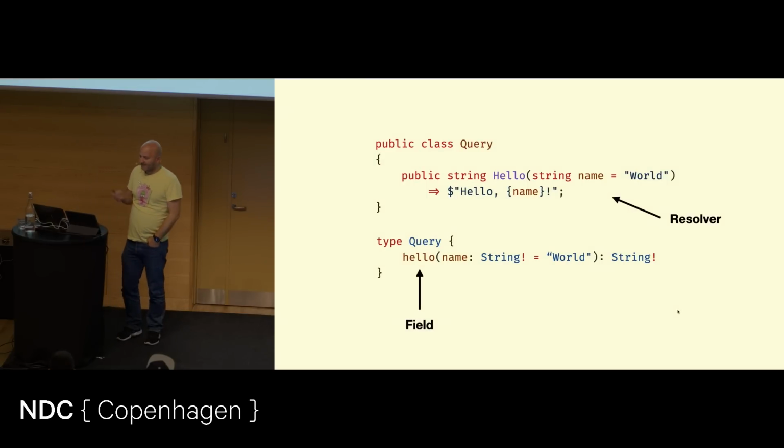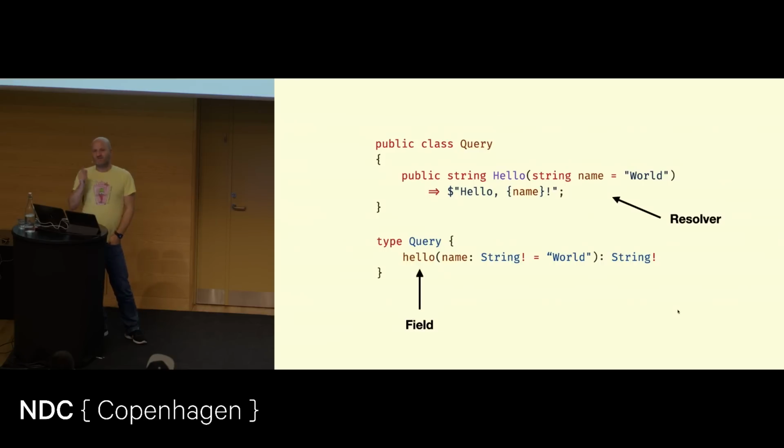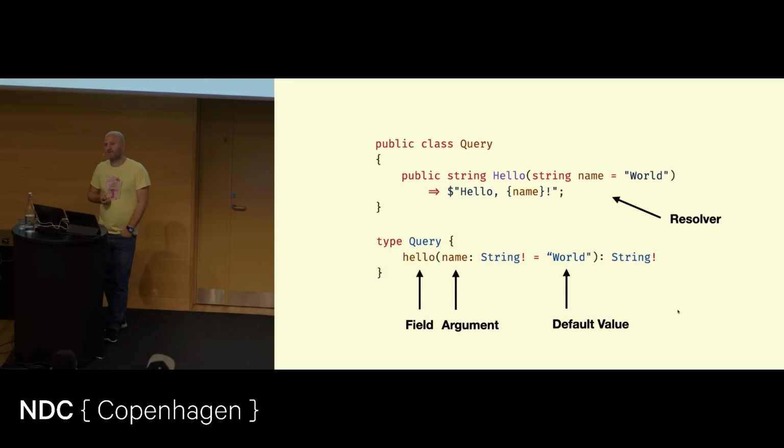So in the GraphQL type, hello is called a field. And a field in GraphQL is like a method in .NET. And then we have in our field arguments, like in a proper method. We don't have to have arguments, but we can have. And these arguments can have default values, like in .NET. But we even can have more here.